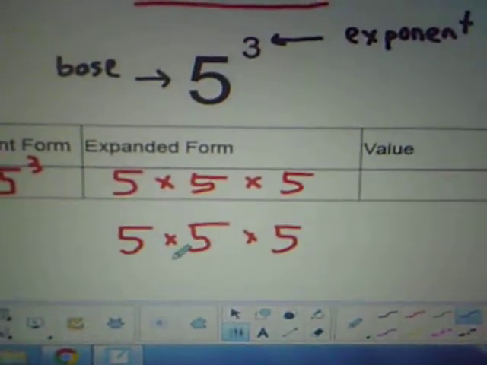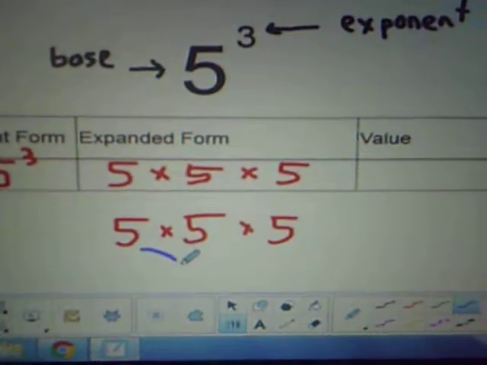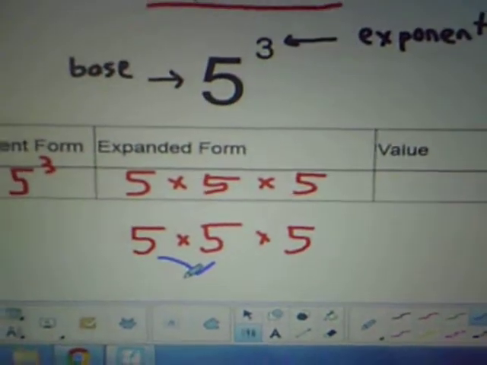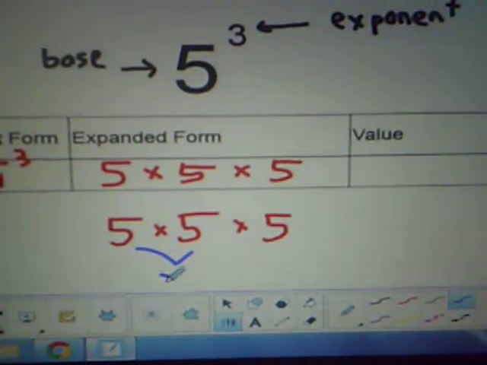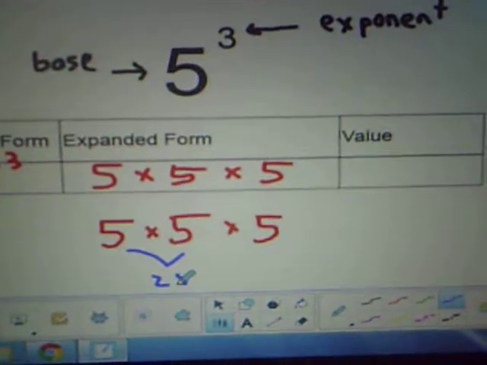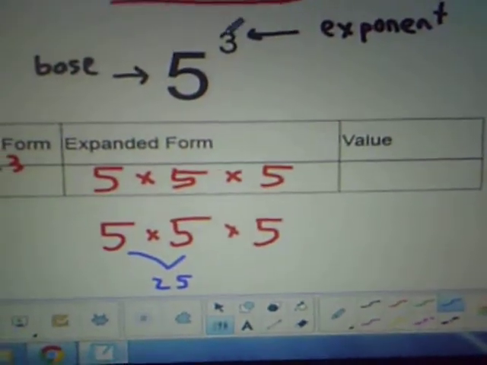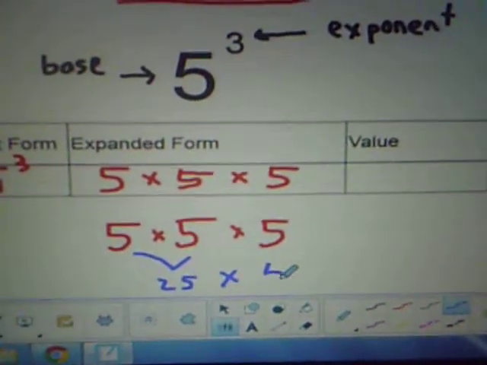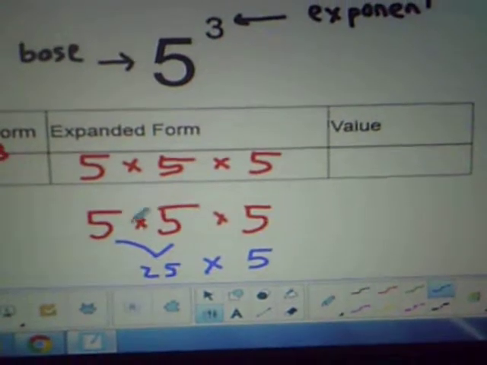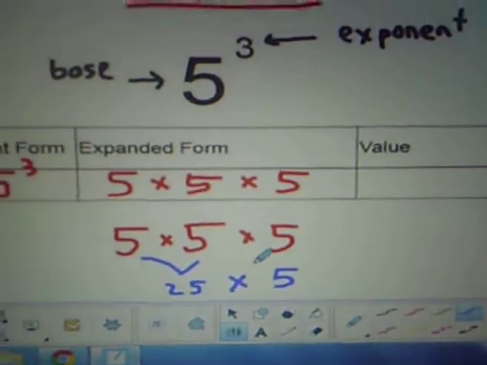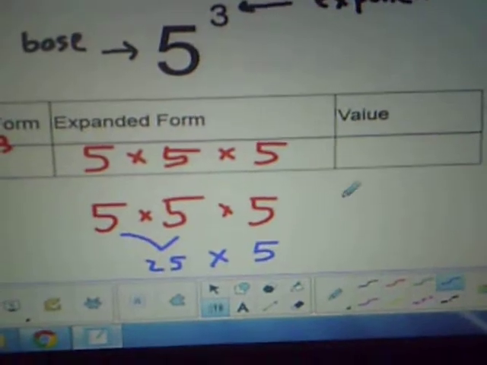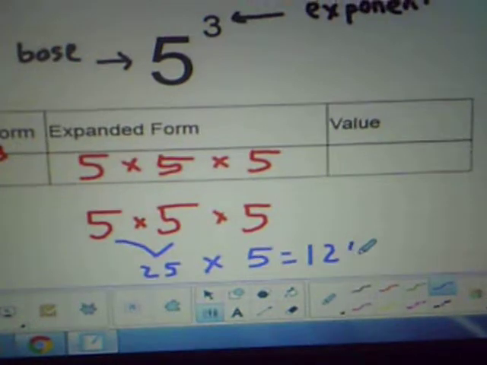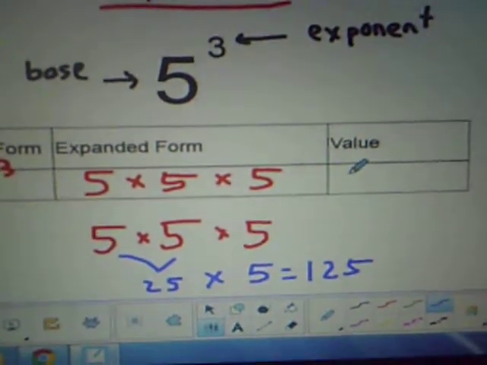But in order to find the value, we got to do some multiplication. So first we multiply these two 5's together. 5 times 5 gives us 25. But we had an exponent of 3, so we must multiply that by one more 5. So 5 times 5 is 25, times another 5, and that gives us 125. That is our value.